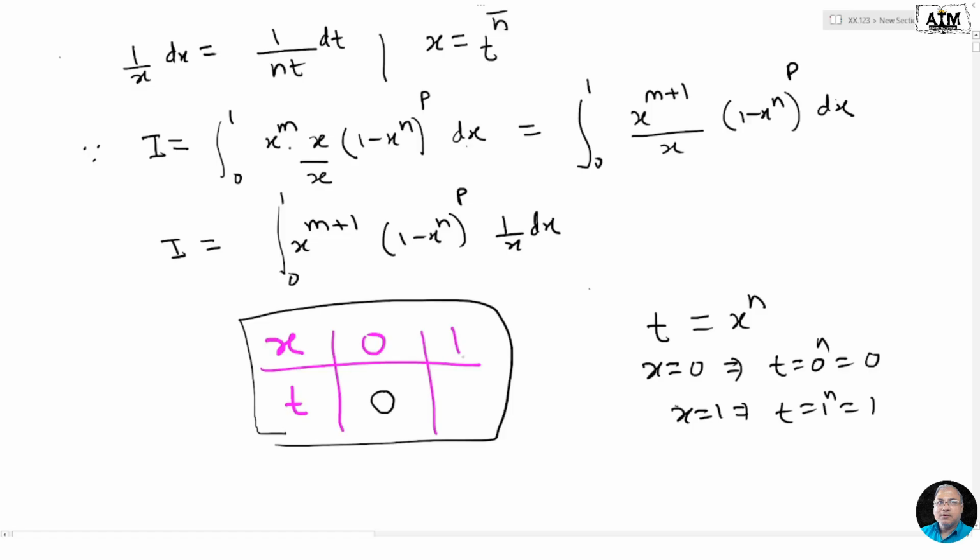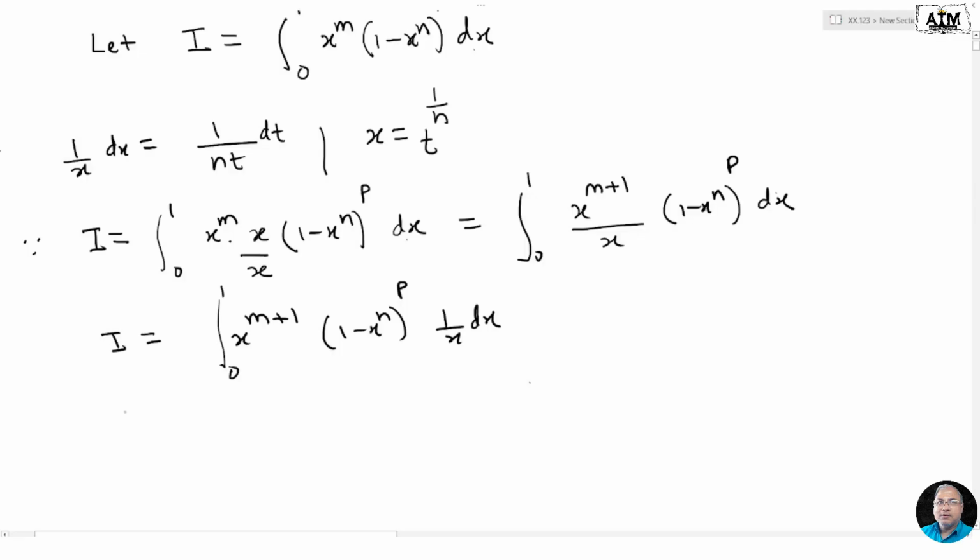Therefore as x tends to 1, t also tends to 1. So limits for t remain the same, that is 0 to 1. Therefore I equals integration 0 to 1. Now converting the given integration problem in terms of t. So for t the limits remain the same, 0 to 1.